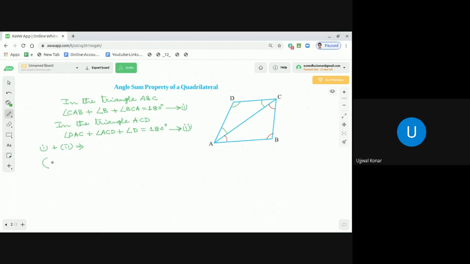We get angle CAB plus angle DAC plus angle B plus angle BCA plus angle ACD. So I club together, and plus angle D is equal to 180 degrees plus 180 degrees.